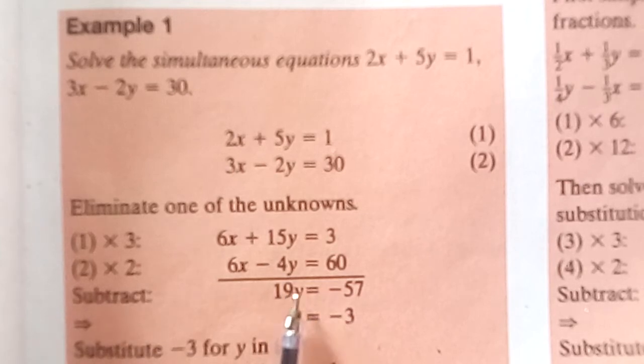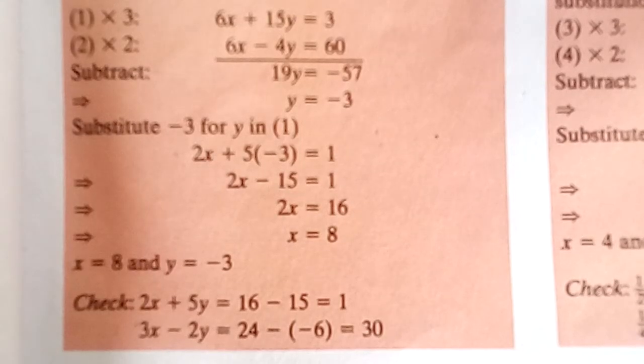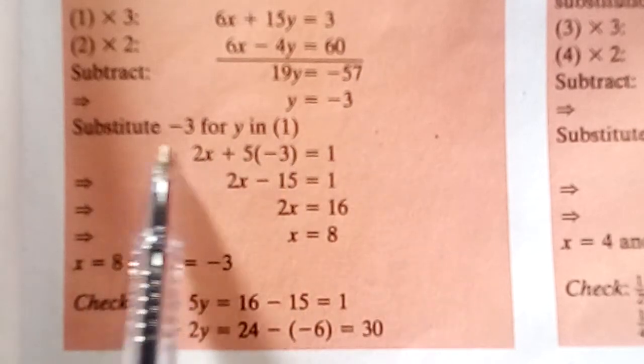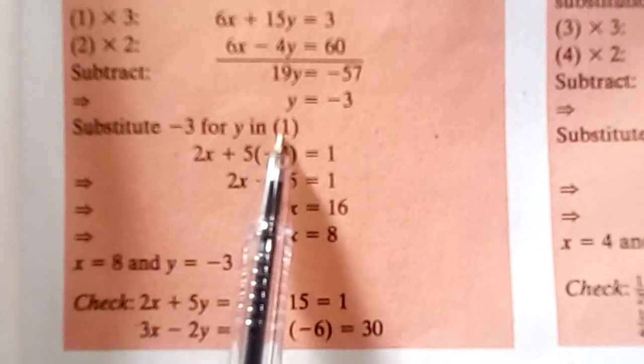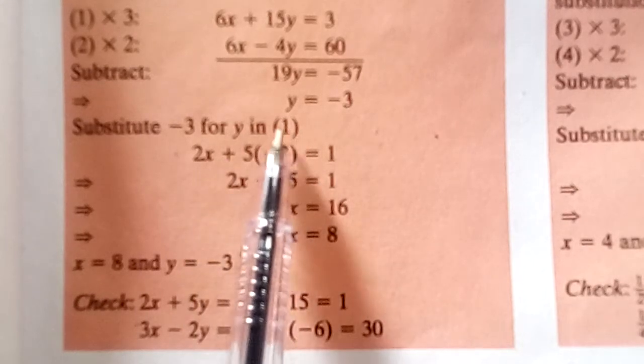From here we divide both sides by 19, y equals minus 3. Now, since we have been able to eliminate x and we have the value of y as minus 3, we now substitute minus 3 for y in equation 1. Don't forget you can use any of the equations, but let's use equation 1.